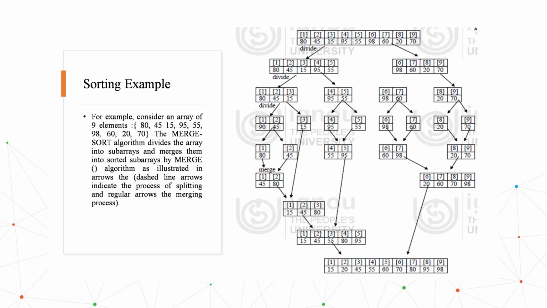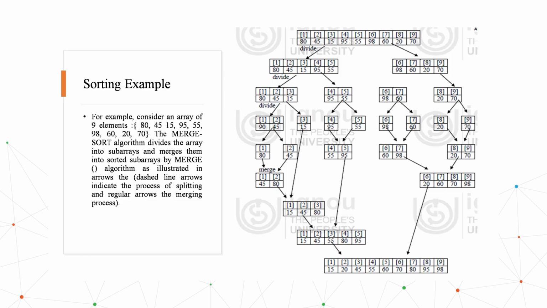If you see the example given here, we have 9 elements with indexes from 1 to 9. They are not in any sorted order, so they are random elements. The first step is to divide the list into two parts: 1 to 5 and 6 to 9.